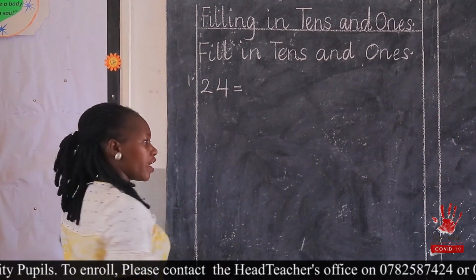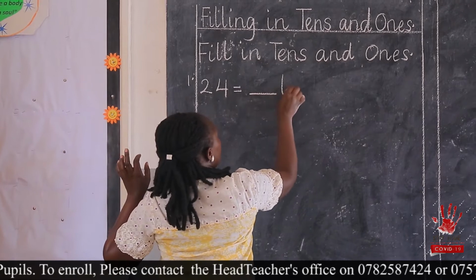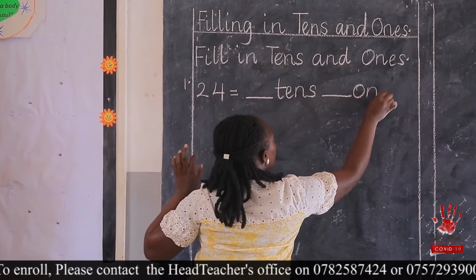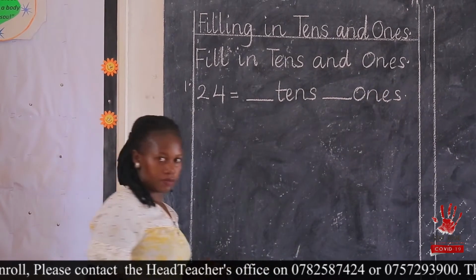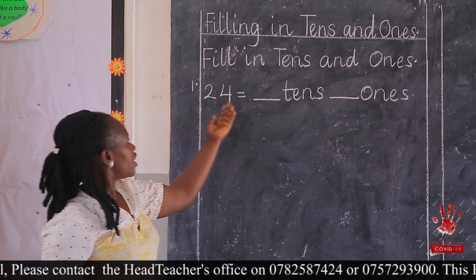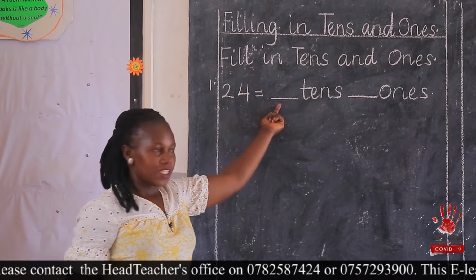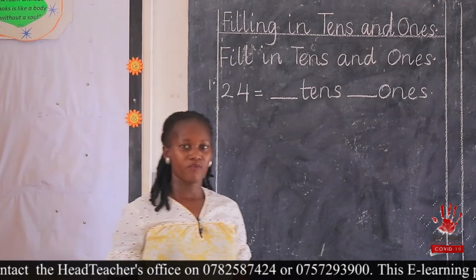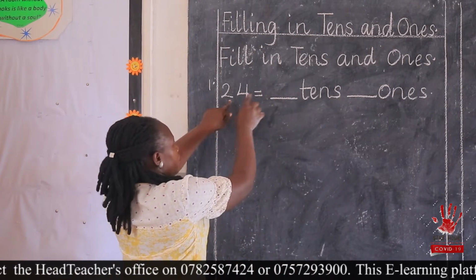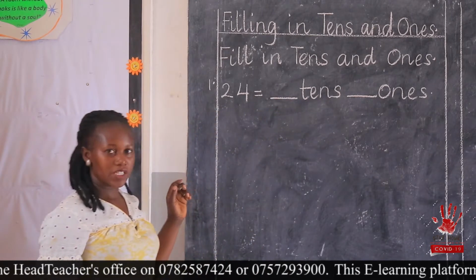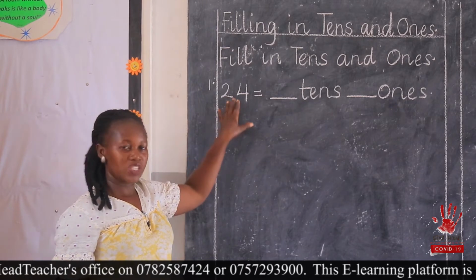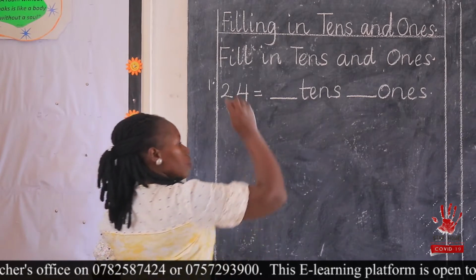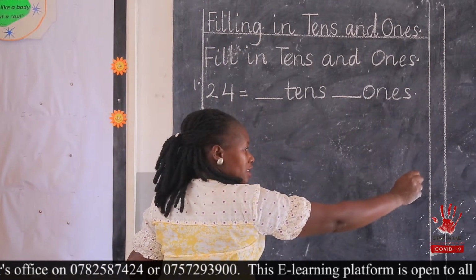I want to identify which one is in tens and which one is in ones. We want to know which number is sleeping in the tens and which number is sitting in the ones, okay? Remember, before we fill in these tens and ones, we must know their place values, the place values of these two numbers, okay?